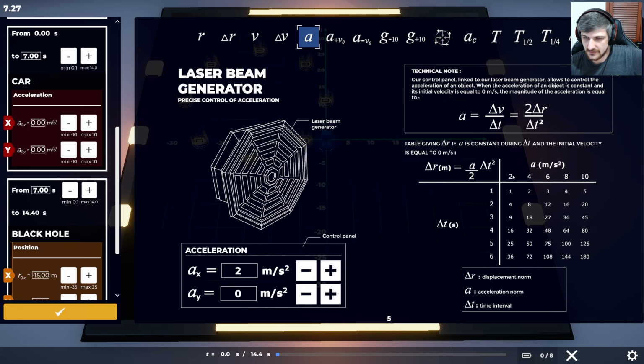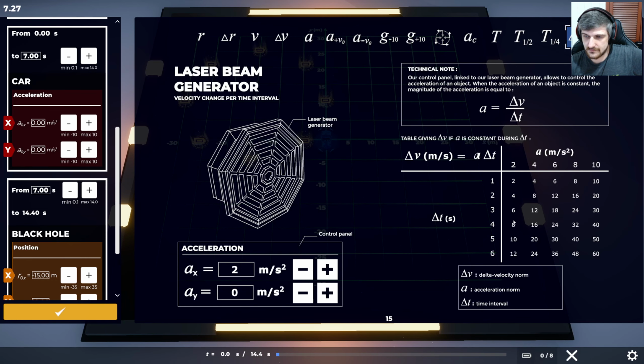Over time, and what is this? Delta V. Delta velocity norm, acceleration norm.